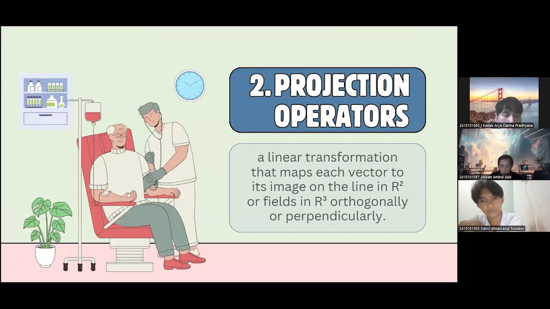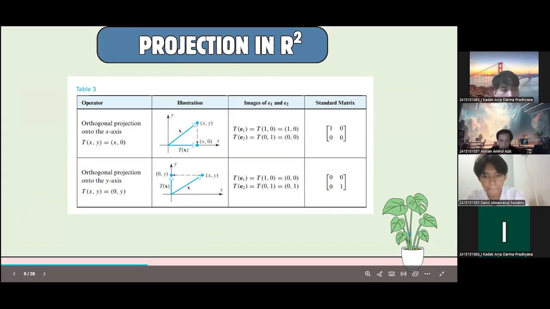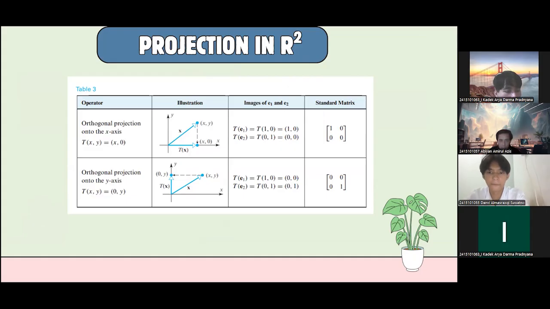And now we come to the projection operator, a linear transformation that maps a vector to its image on a line in R2 or a plane in R3, orthogonally or perpendicularly. From table 3, this is the projection in R2. The first operator, orthogonal projection onto the x-axis, has the pattern T(x, y) equals (x, 0), with standard matrix [1, 0; 0, 0].